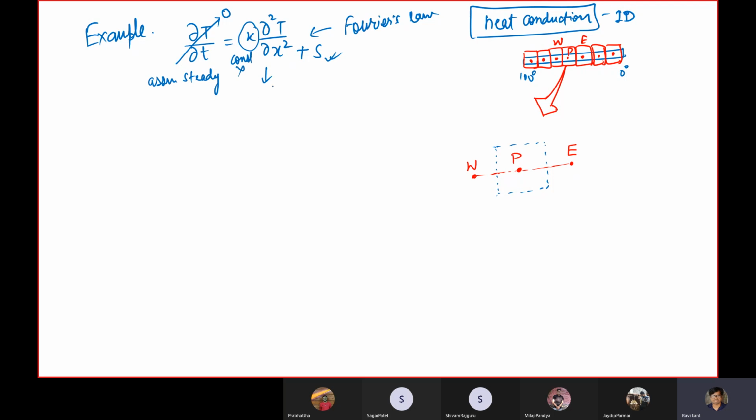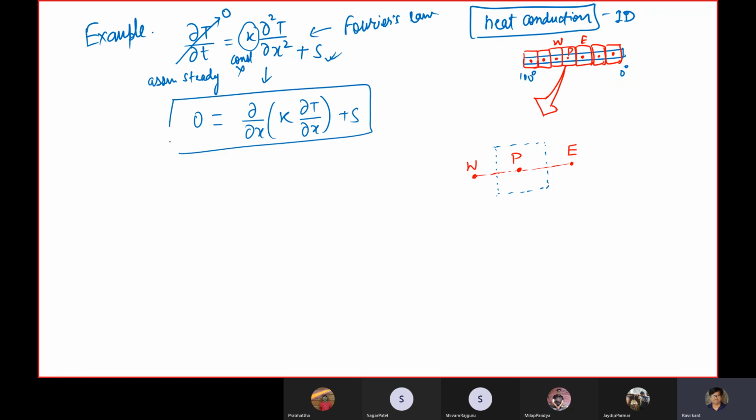So I can club this k inside, and write a better, more approximated equation as dou by dou x of k times dou T by dou x plus S. So we'll start with this particular equation, and we'll try to fit it in, start by dividing the subdomains, and write the governing equation.